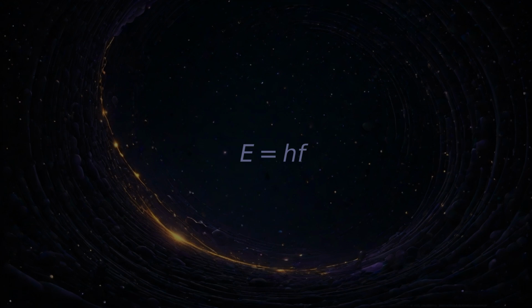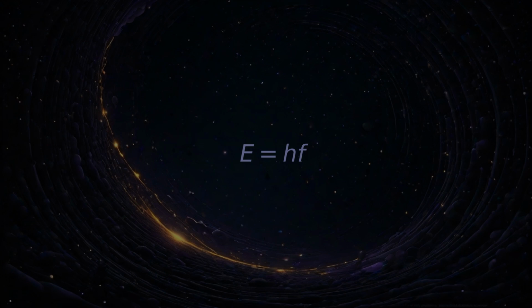Explaining the second observation, dependence on frequency, not intensity. If a photon of energy h nu is absorbed by an electron, and the electron uses phi of that energy to escape from the surface, the remaining energy appears as kinetic energy of the emitted electron. The maximum kinetic energy, which we write as K sub max, is therefore K sub max equals h nu minus phi.